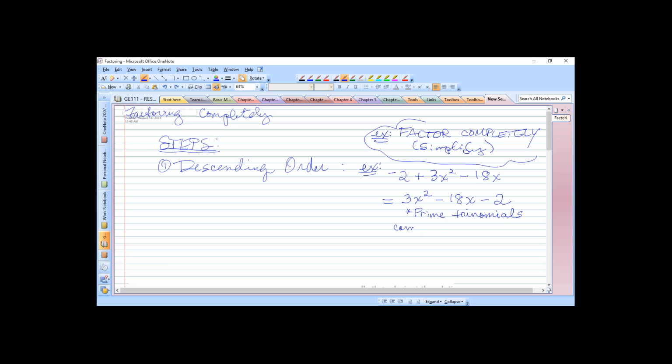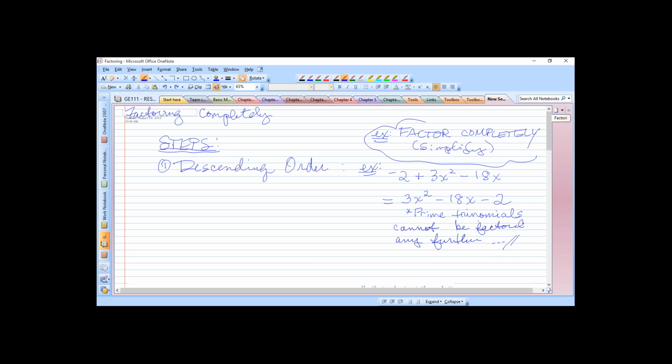So you wouldn't be able to open two sets of parentheses and put two binomials. You can't take this any further.